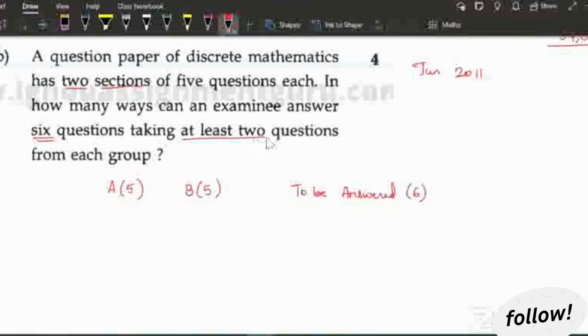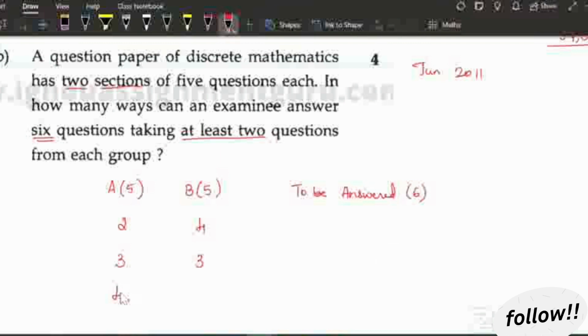We need to take at least 2 from each group. So take 2 from this. Now how many should you write here? 4, to make the total 6. Now take 3 from this group. If you write 3 questions from this group, then you need to write 3 from here also to make it 6.